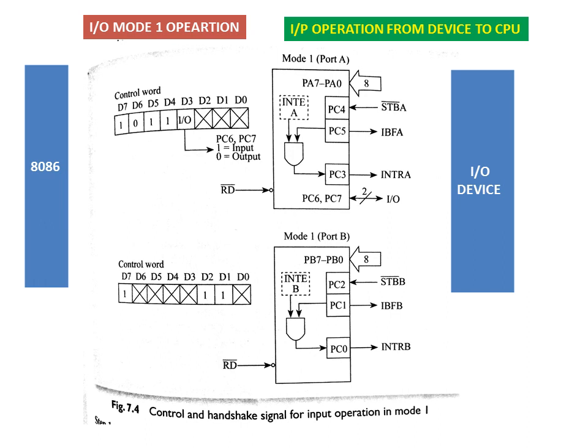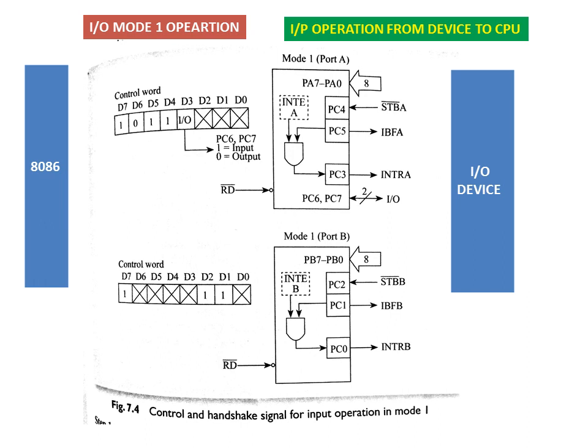We already know the modes, either BSR mode or IO mode, are decided by the control word which is received from the 8086 processor through the data bus.